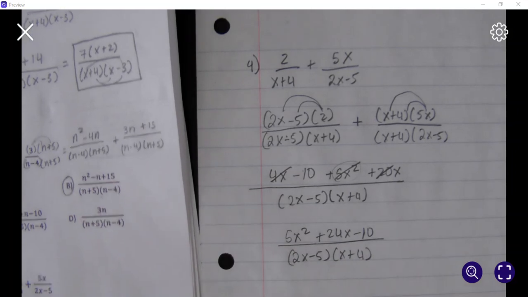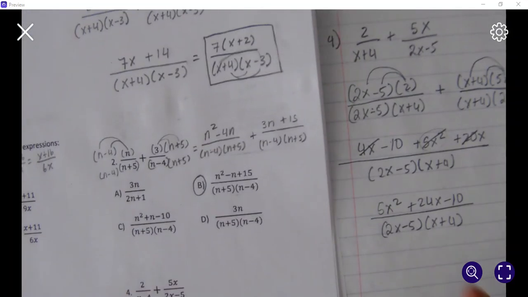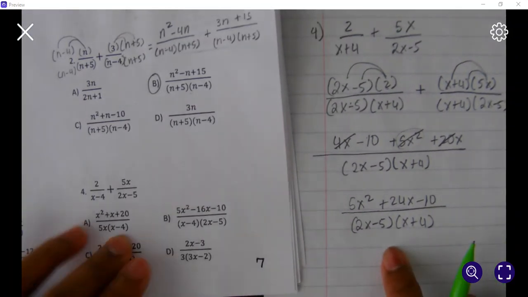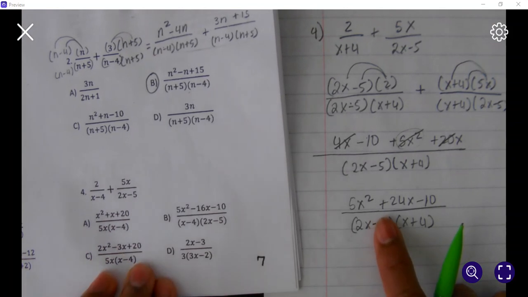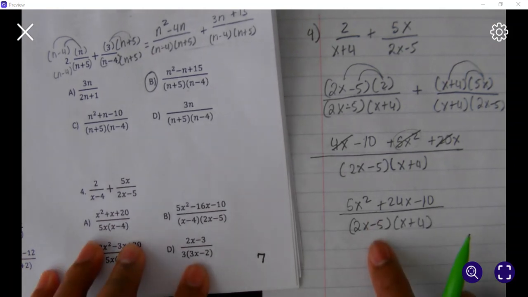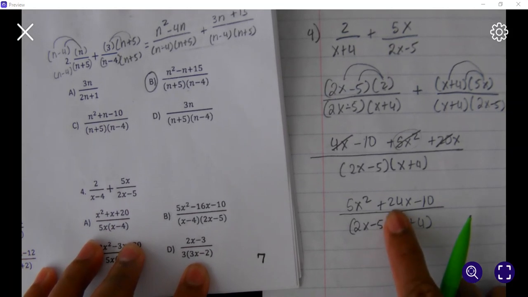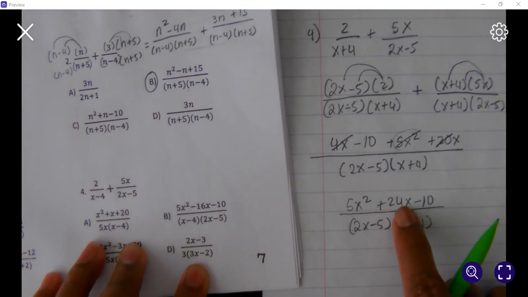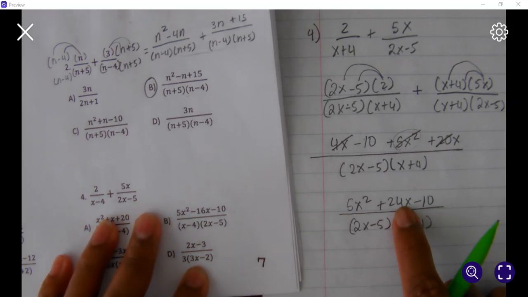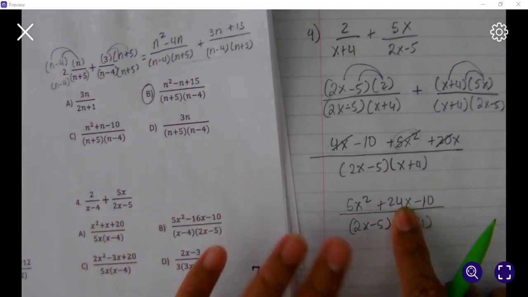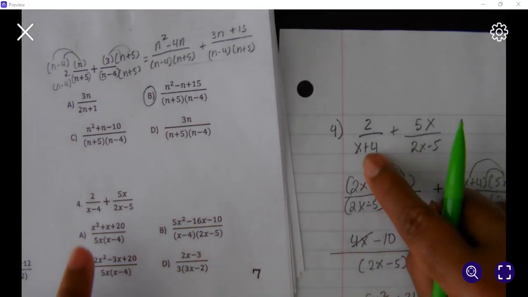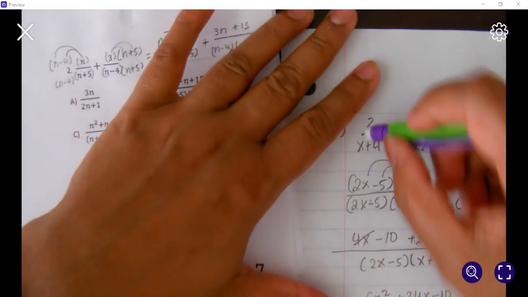Let me check if that answer is there. There's 16x. I see it. In my original problem, it's x minus 4, not plus 4. My bad.